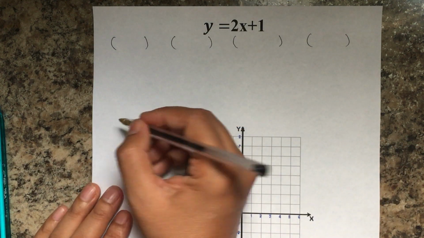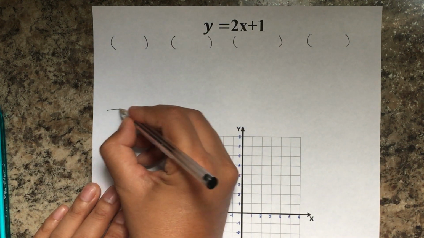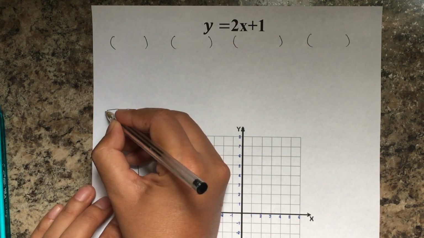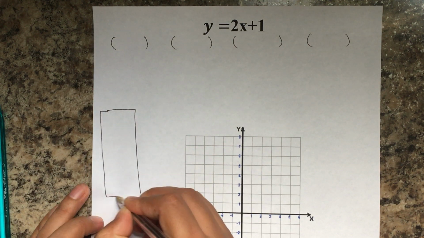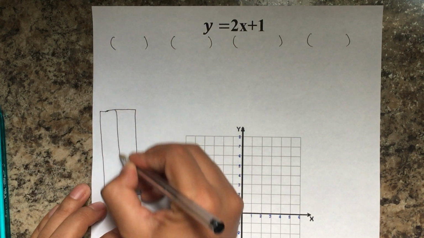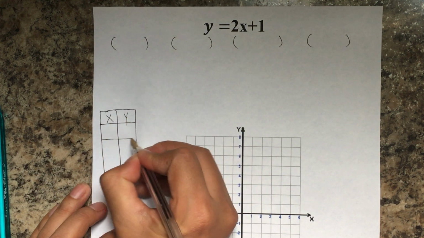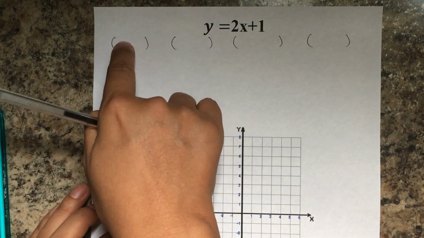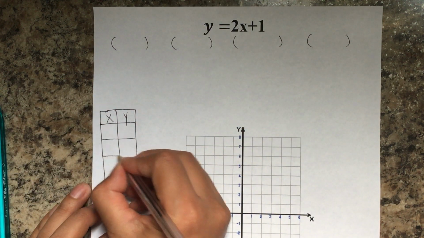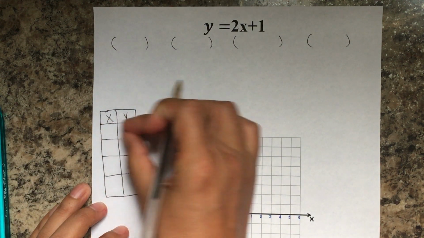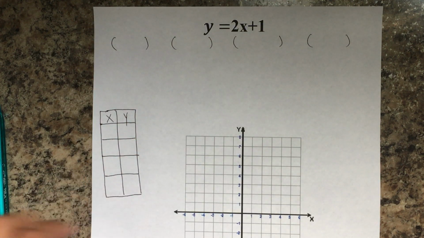So I'm going to put the table maybe right here. And it's exactly the same. So if I put x and y, these would be x and y, just like in the previous lesson. So each row is one coordinate.